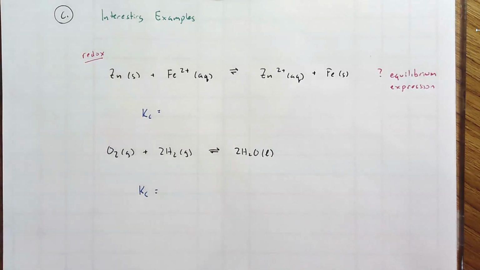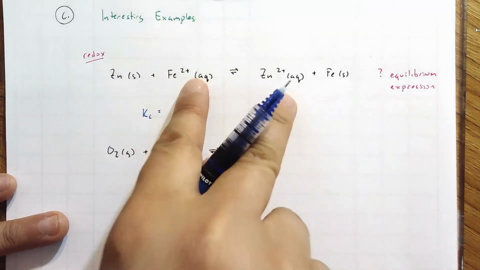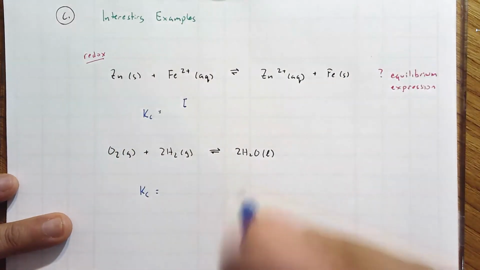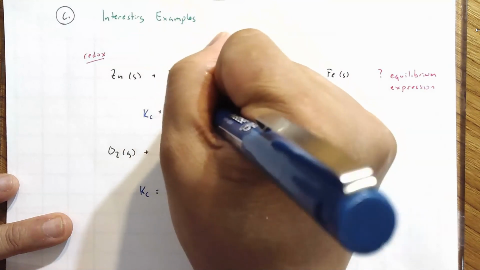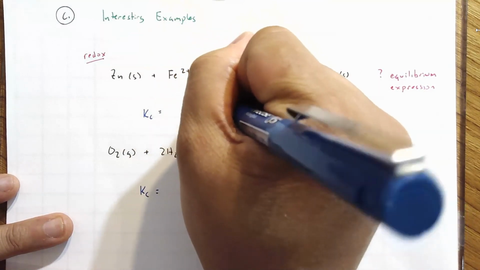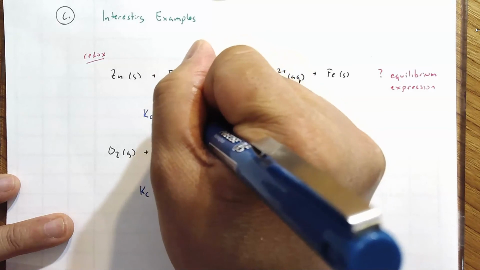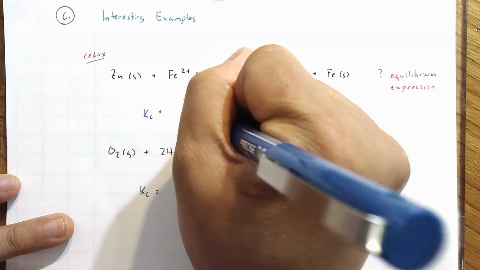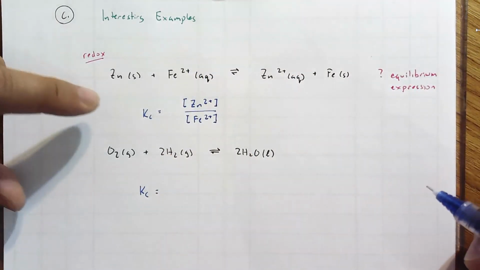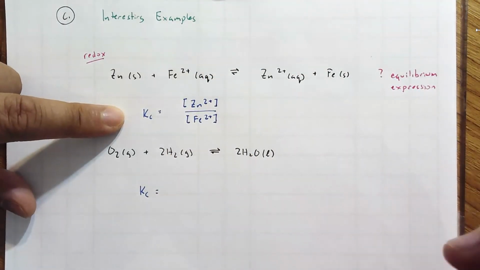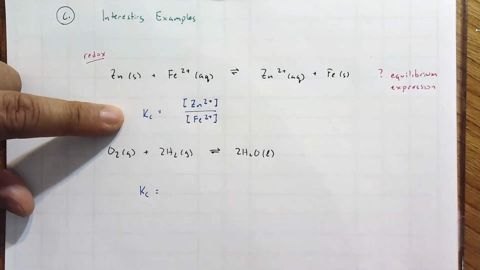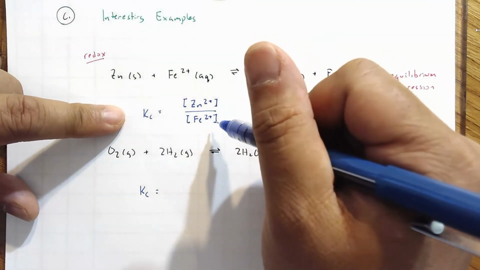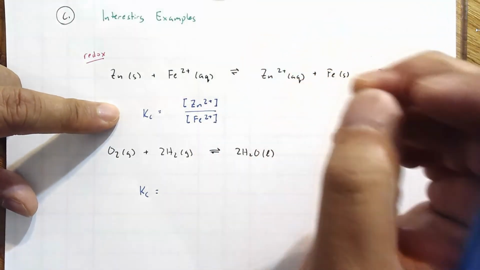Okay, for the first one, it's very interesting because we have only 2 components included in the equilibrium expression, and it's just using the ions. The 2 ions are the ones that are aqueous. What this means is that at the end of the reaction, when it reaches equilibrium, the ratio of zinc ion and iron ion stays constant.